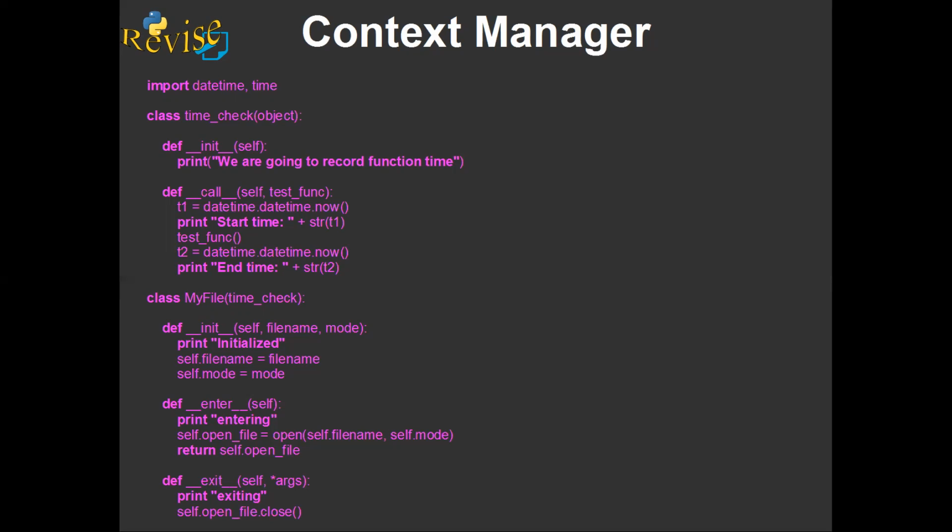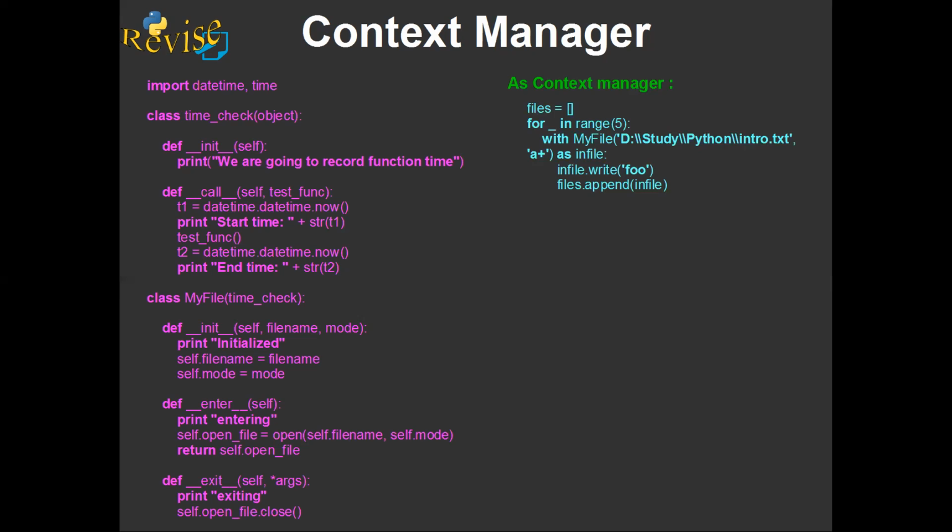Now in this whole implementation, as you can see, TimeCheck inherits object, that is our parent class, then MyFile inherits TimeCheck. So this can be used as a context manager as well as a decorator. Using it as a context manager, you simply run your code with MyFile, pass the file to it, append as in file in the loop, and append files to the files list.